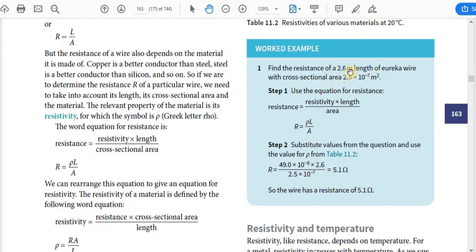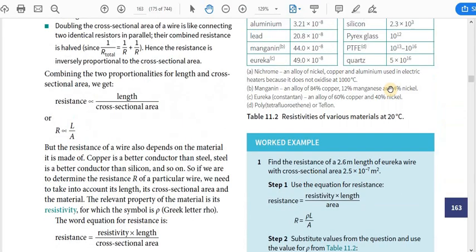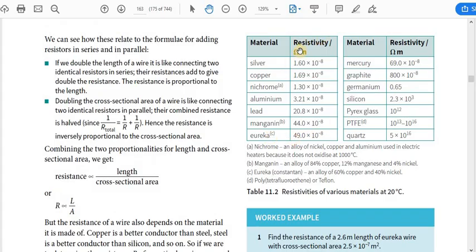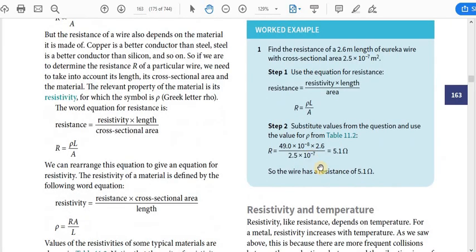Cross-sectional area is also given, 2.5 × 10^-7 meter squared. And what about the resistivity? I told you, you don't need to memorize it. It will be given to you. It's in table 11.2. This is Eureka wire, also in SI units, 49 × 10^-8. Substitute, use your calculator, and you will get 5.1 ohms.